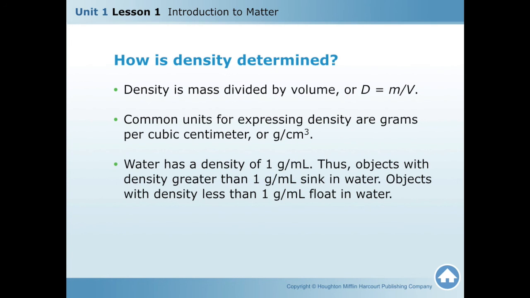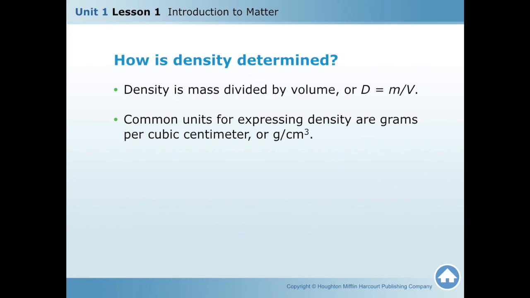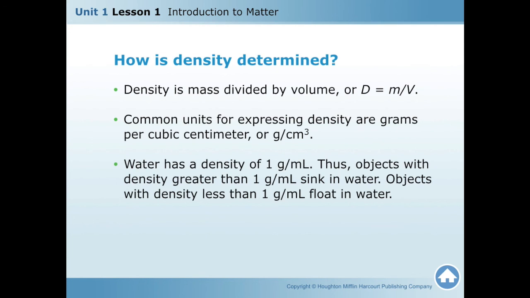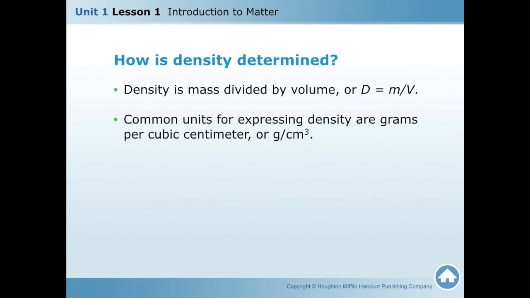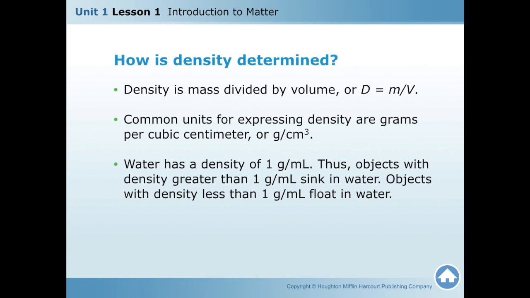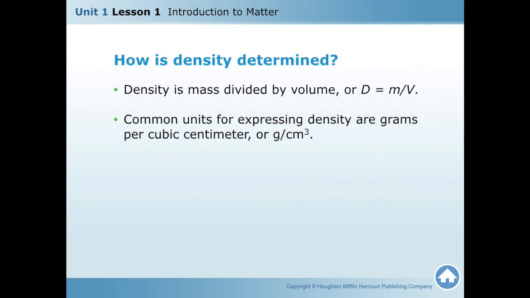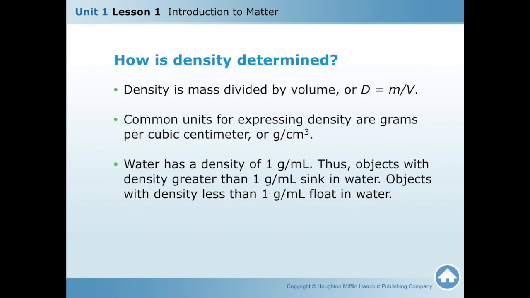To find the object's density, we first must determine its mass and volume. Then, we take the mass and we divide it by the volume, given the formula density equals mass over volume. Units for density consist of a mass unit divided by a volume unit.